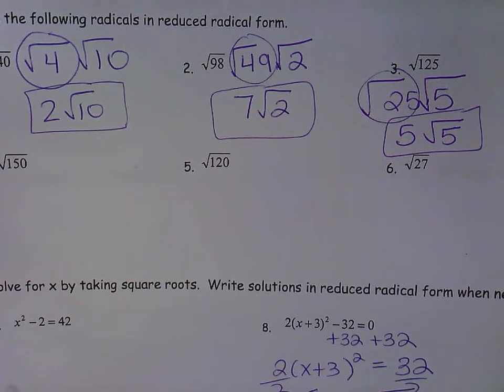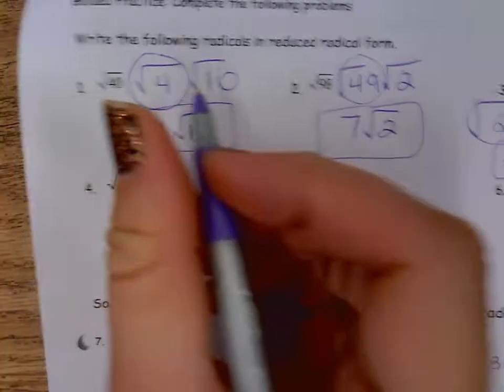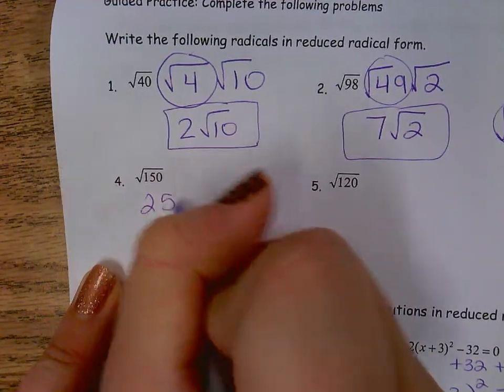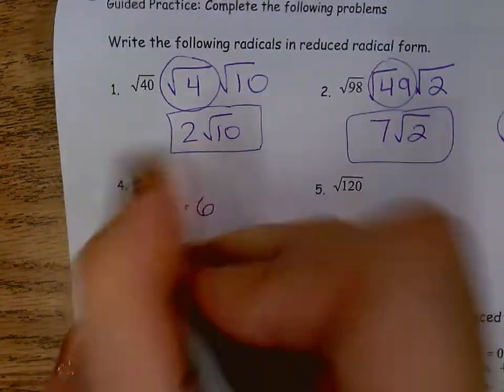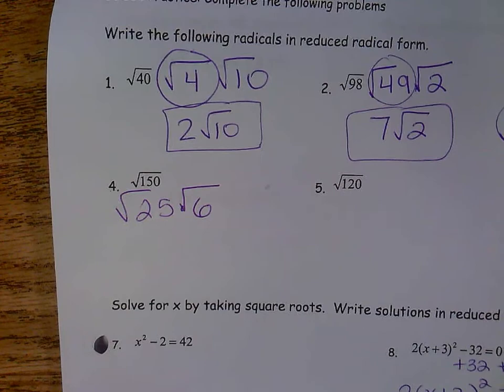So 150, you can't use 15 times 10. Neither of those are in our block list up here of perfect squares, right? So I want to use what number? 25 for number 4. 25 times 6, right? So I'm going to take the square root of the 25 and the square root of the 6.